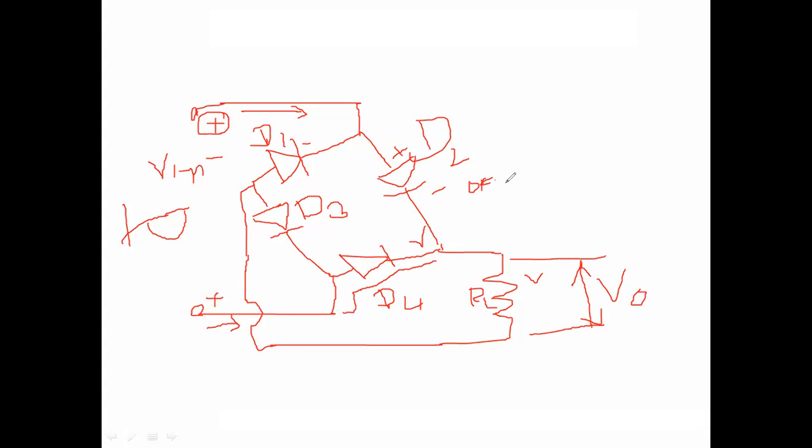Okay, and the current flows through the resistor RL and moves on. Coming to here, D1 is forward biased and D3 is reverse biased. Previously it was reverse biased, that's why the current does not flow through this. D1 is forward biased and the current reaches the negative.